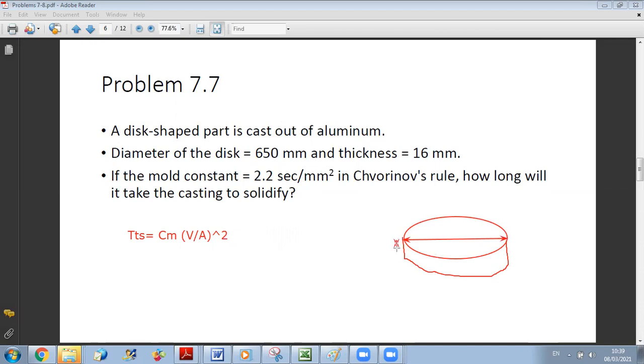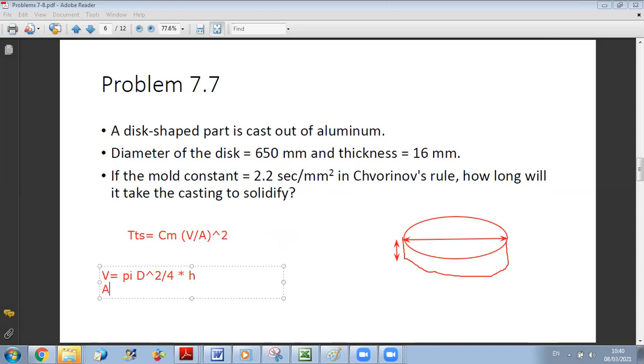So I can say that the volume V is equal to pi d square over 4 times the thickness, or the height if you want, H. I just have to replace D by 650 millimeters and H by 16 millimeters. I get the volume value.